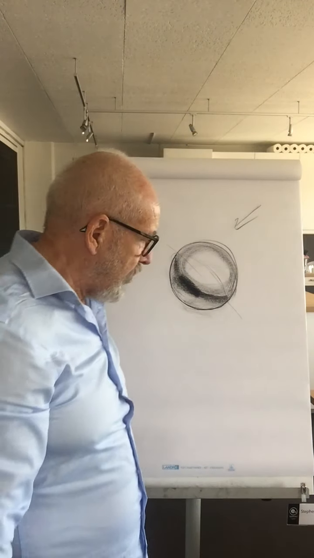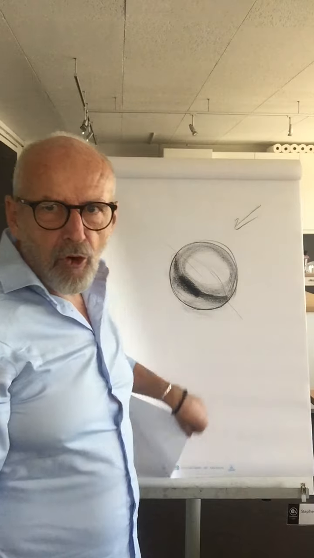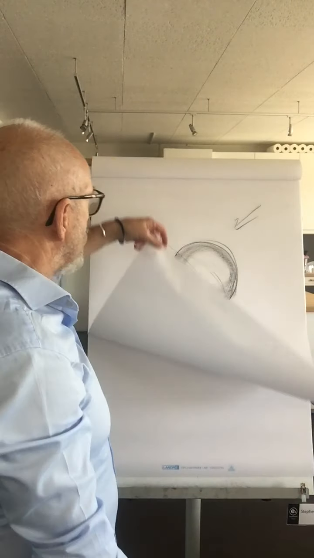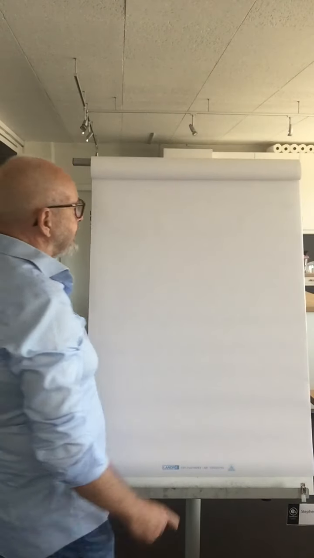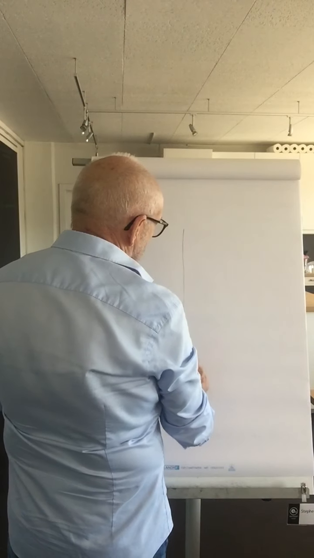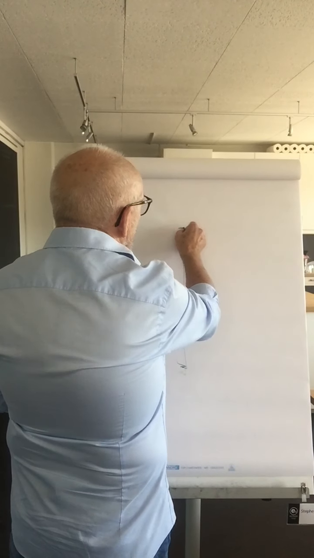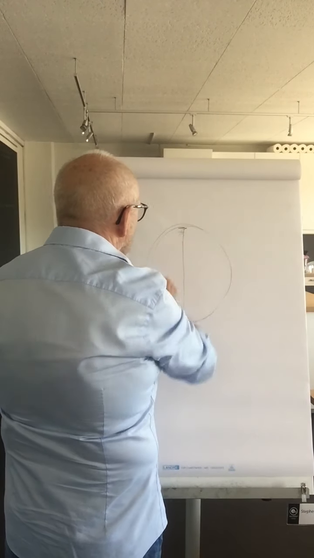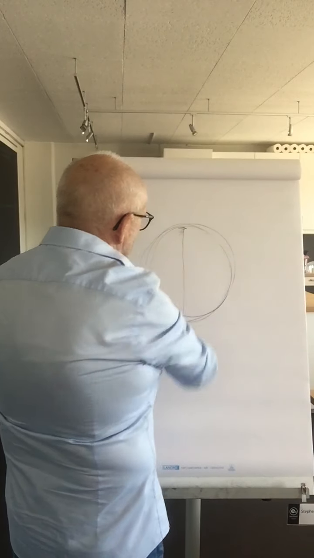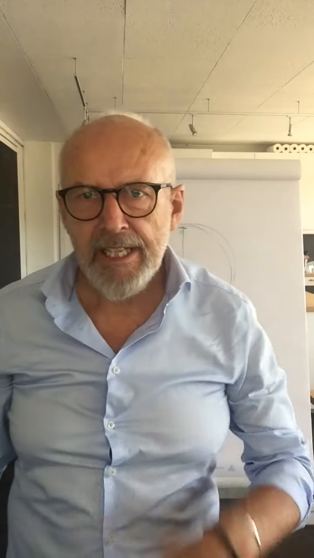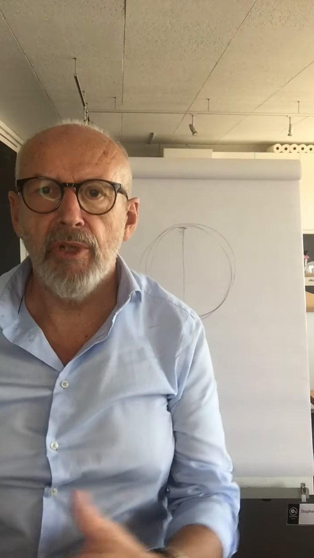So let's move on, take that very form and build it into the structure of the human head. First of all, the human head is approximately symmetrical. Of course, none of us are.